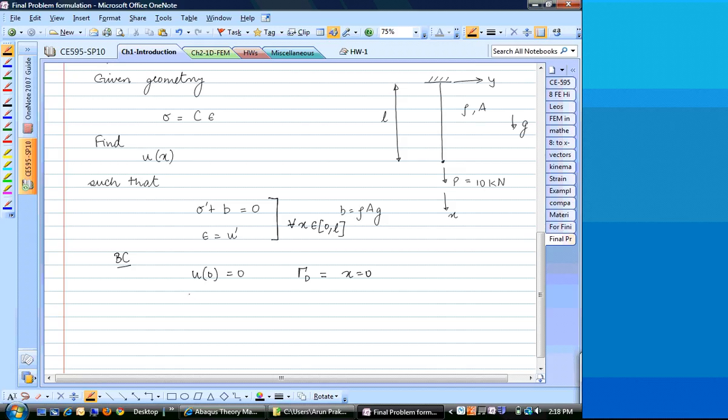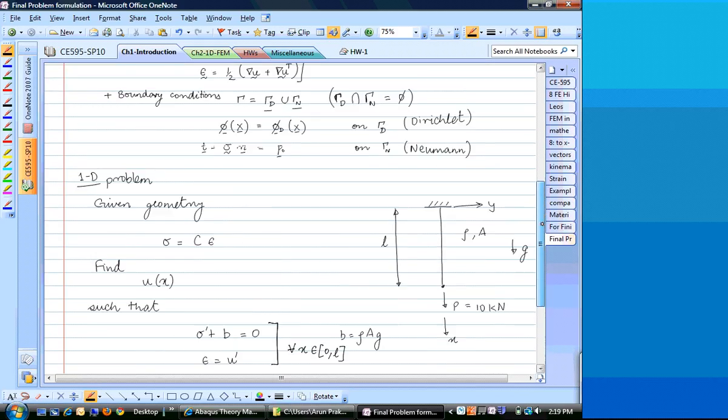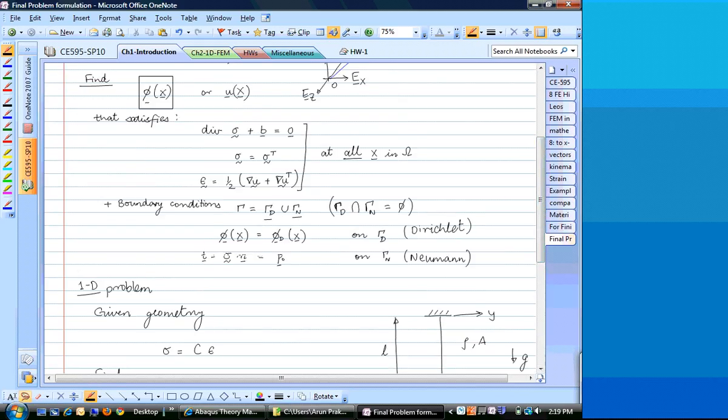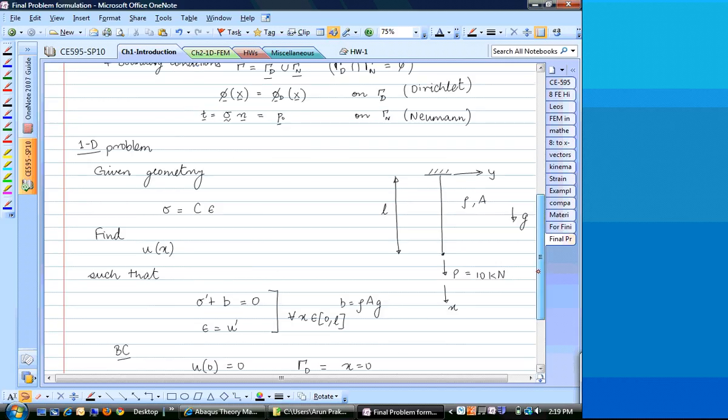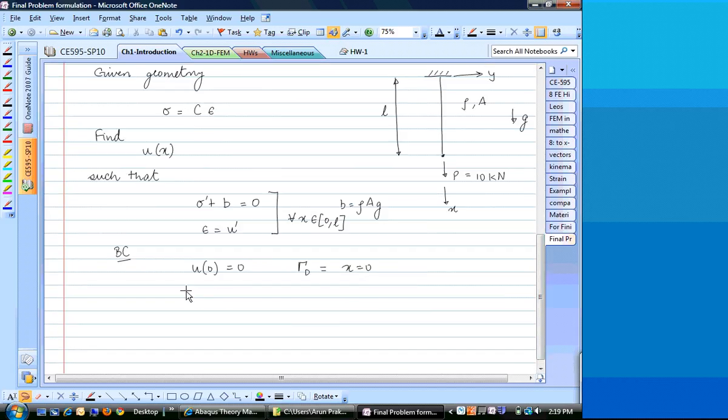Similarly, the traction boundary condition is, what is that? Force at L is equal to 0, but what would that force be? P would be, but how should I write this equation for this one-dimensional case?